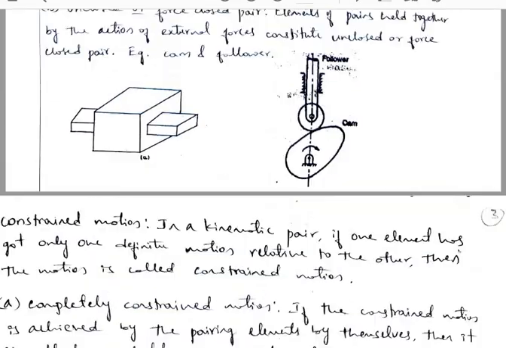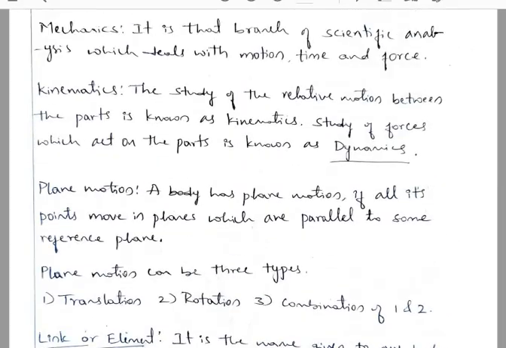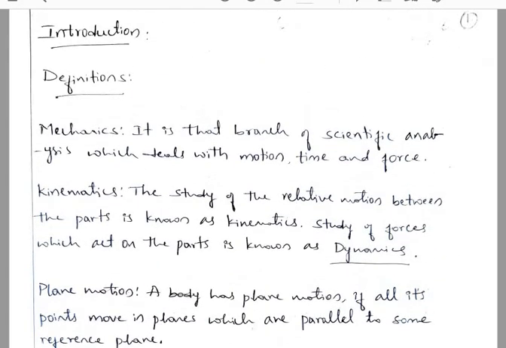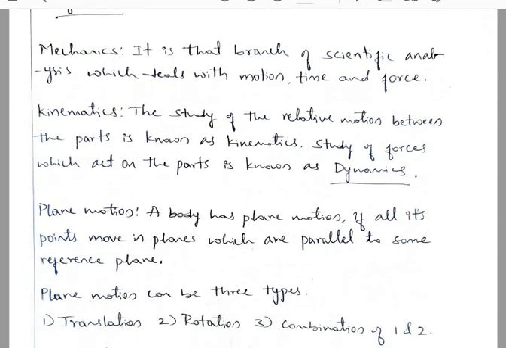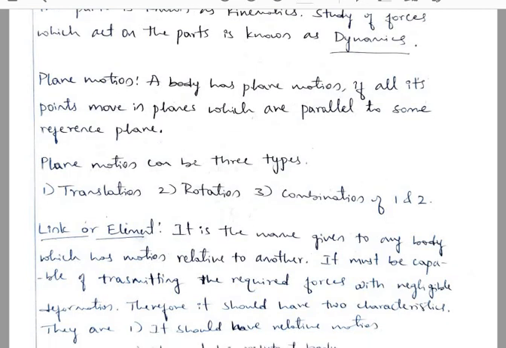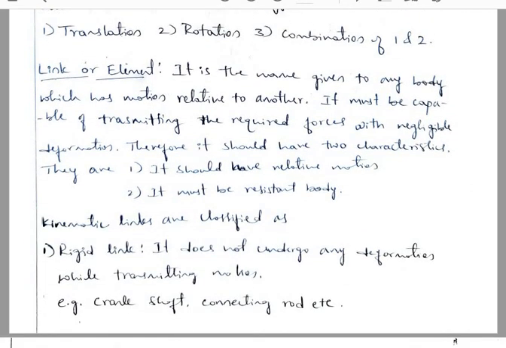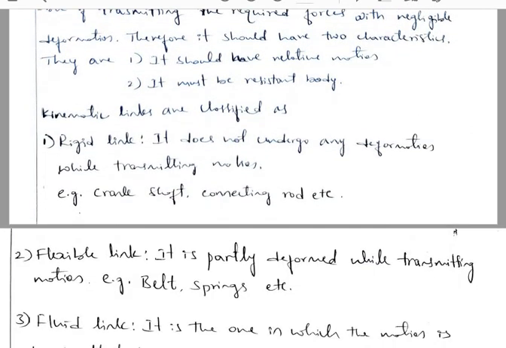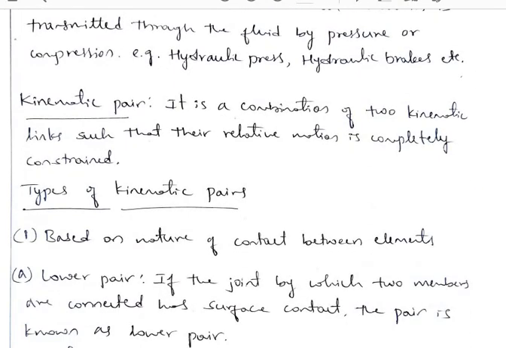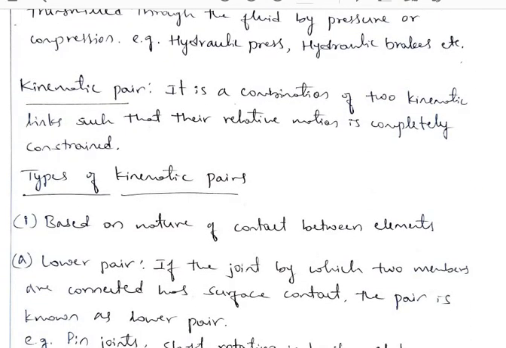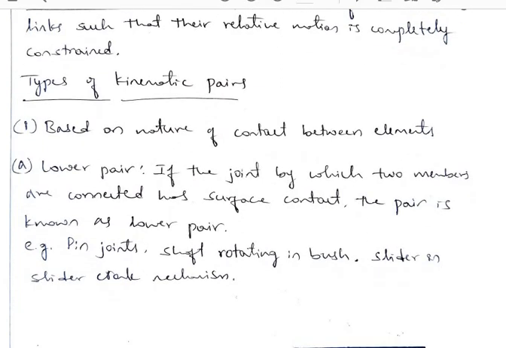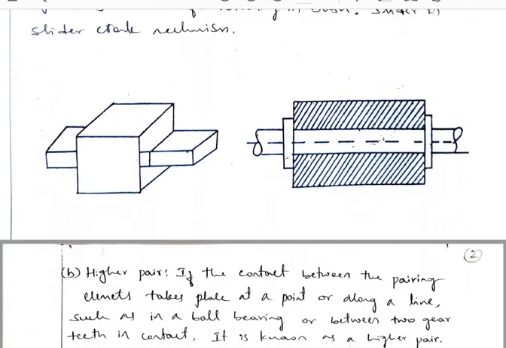So in today's class we studied what is theory of machines, what is a machine, what is kinematics of machines, what is dynamics of machines, basic definitions like mechanisms and plane motions, what is a link or element, how kinematic links are classified, and what is a kinematic pair, and how these kinematic pairs are classified, with examples and sketches.